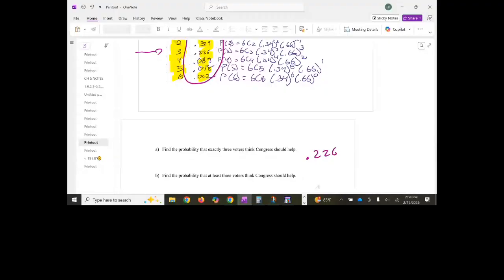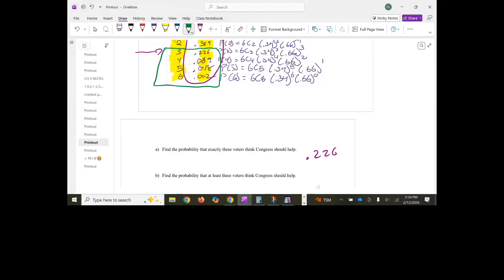Okay, what about at least 3 voters? What do you think at least 3 voters means? At least 3. Does it mean 1, 2, or 3? Or does it mean 3, 4, 5, or 6? 3, 4, 5, or 6, right? At least 3 means 3 or more. So if I'm looking for at least 3, I'm looking for those guys right there.